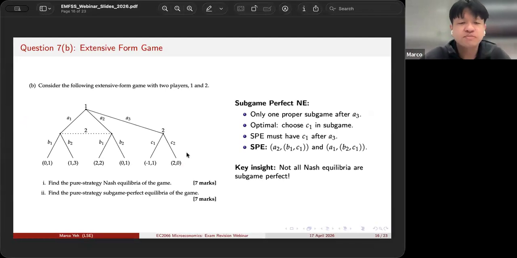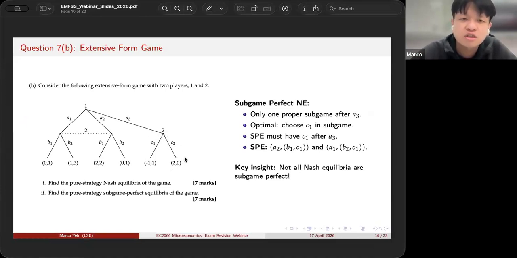Actually, I have two subgames. One is obvious, one is not that obvious. The obvious one is here. If I start a game from the game node here regarding C1 and C2, I get 1 if I play C1. I only get 0 if I play C2.